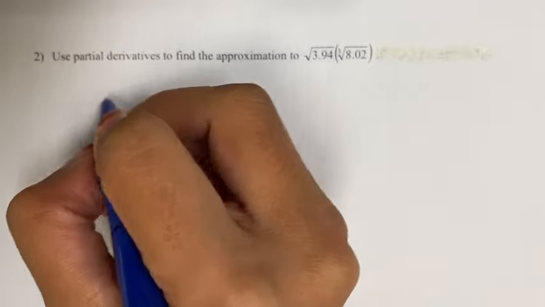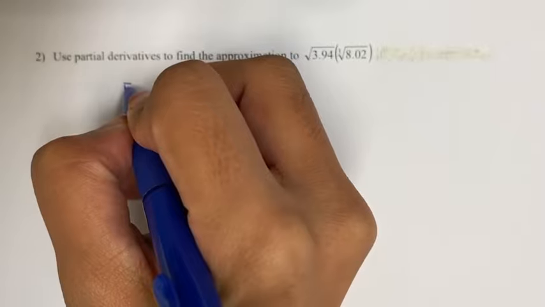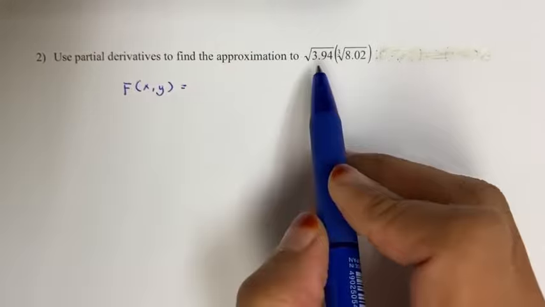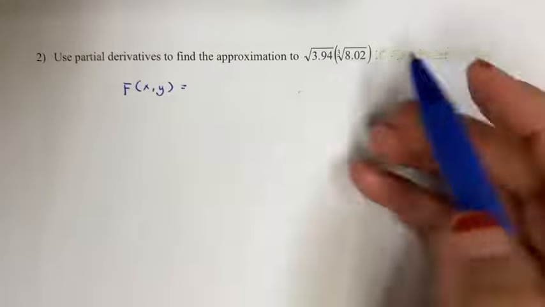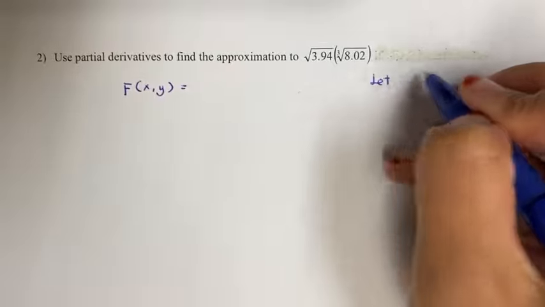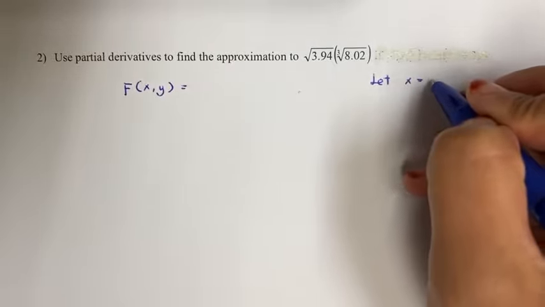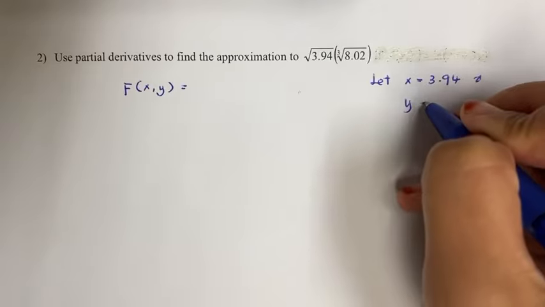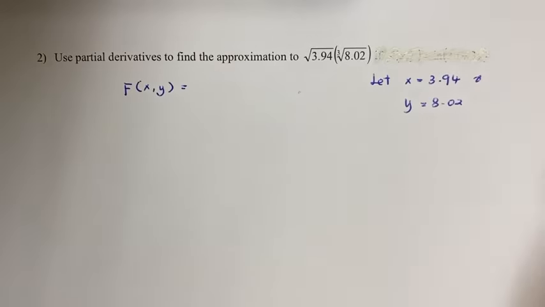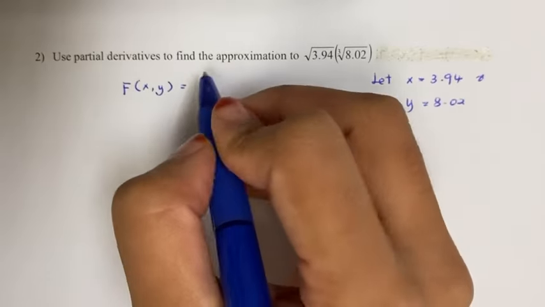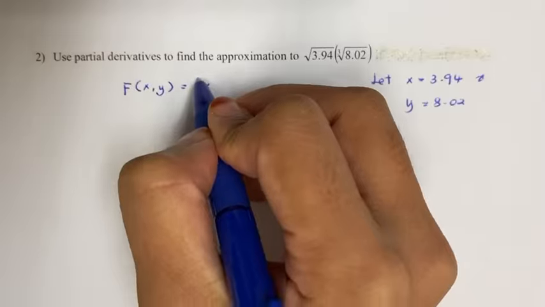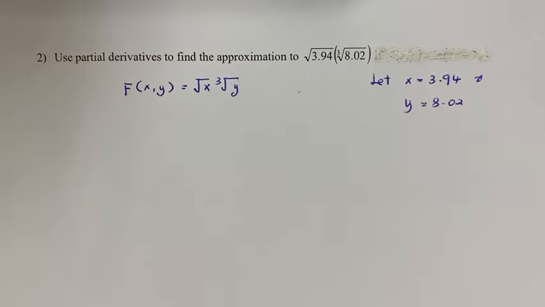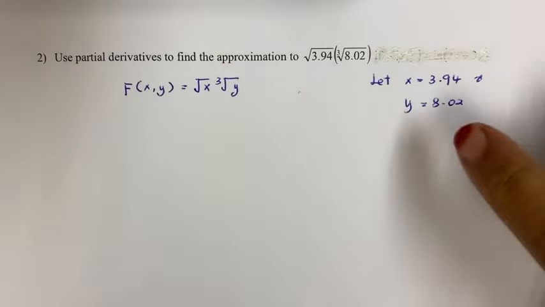Let x equal to 3.94 and y equal to 8.02. So now you can have your f(x,y), which is square root of x multiplied by cube root of y. Okay? So this is your x and y.